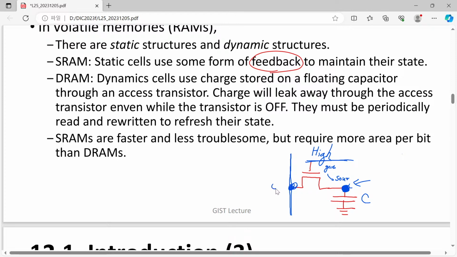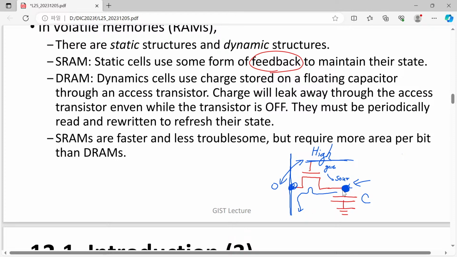If this is close to 0, then you have a sufficient gate to source voltage, and your drain voltage now seems to be quite high. So what will happen? There will be discharging through this line.